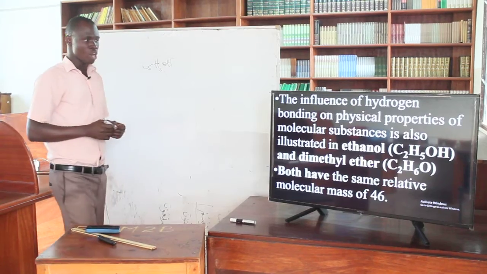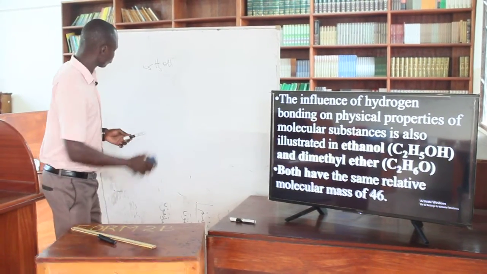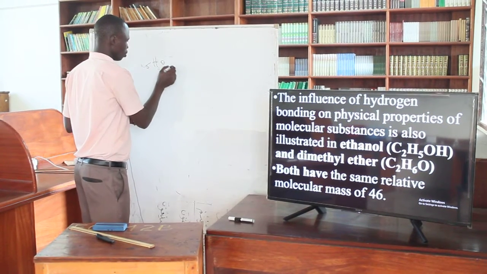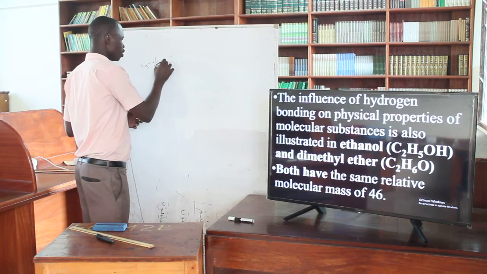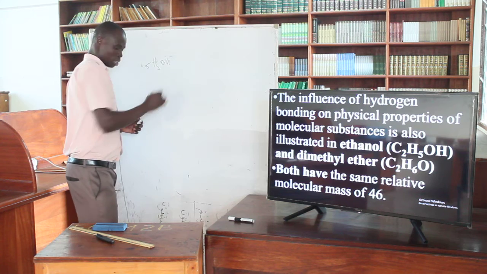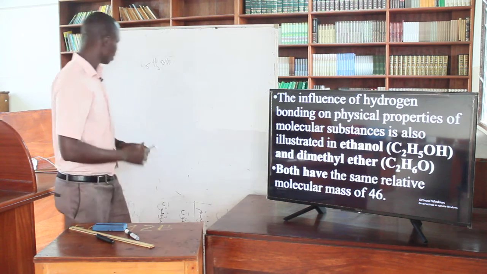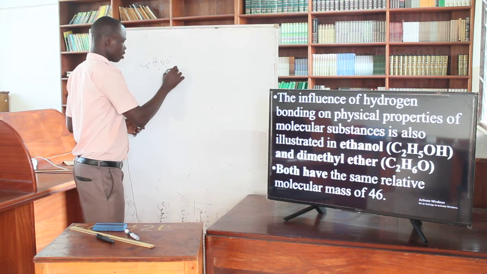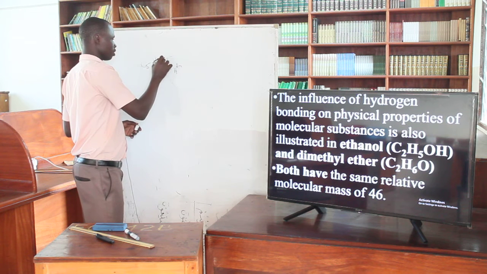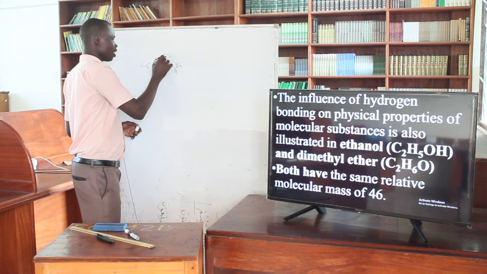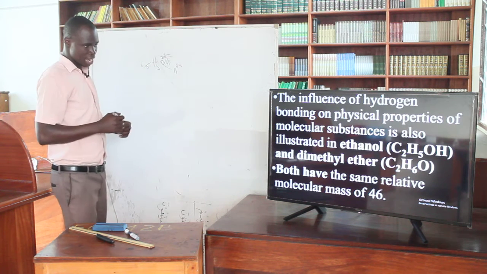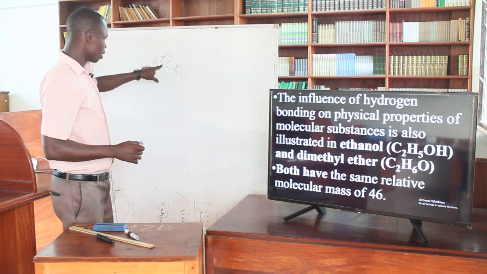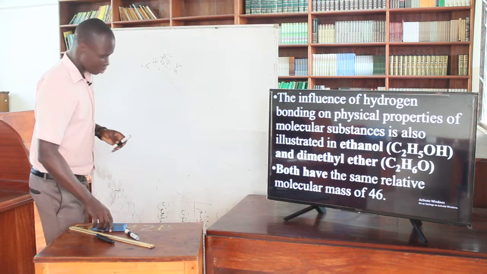C2H5OH. Now, when you look at that, this is the electronegative, so it's OH. The electronegative part here is this oxygen being bonded to the electropositive hydrogen here. This is what's going to contribute to hydrogen bonding. Between this hydrogen and this oxygen, we'll be having several of them.